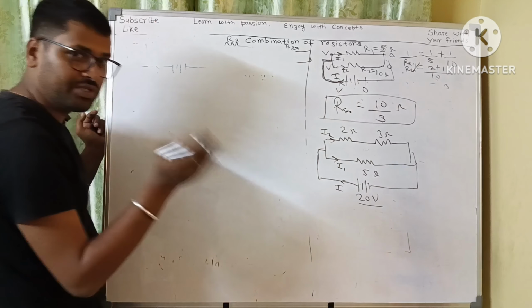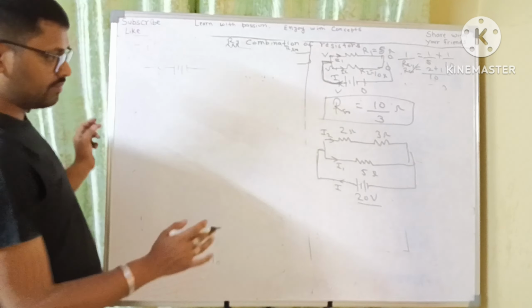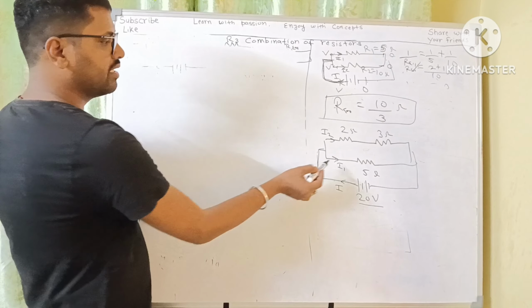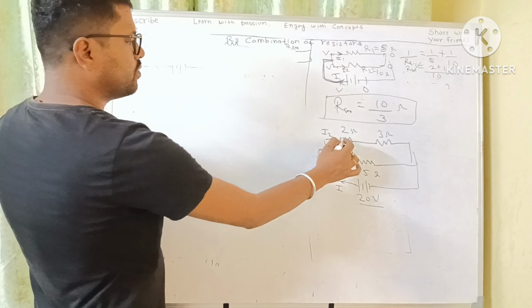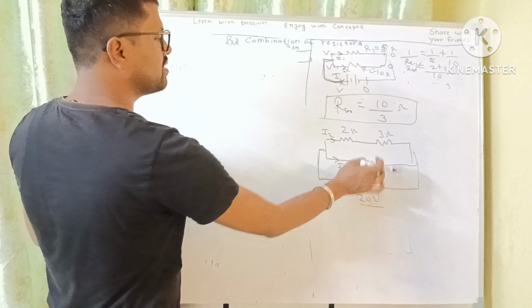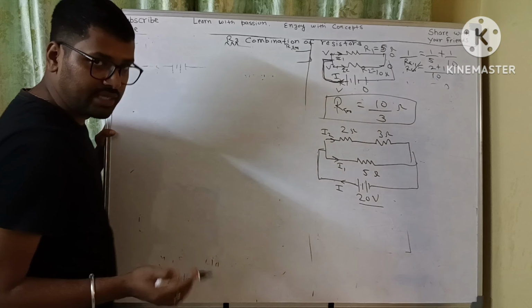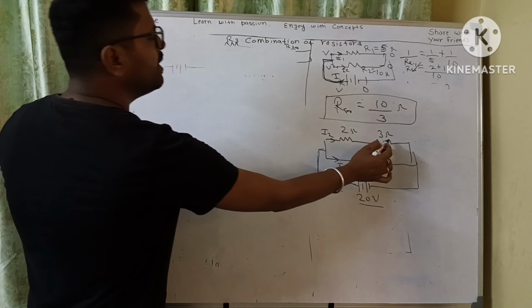Now current is distributing, and whenever current is distributing, we cannot say that all three are in series. No, never. Because here current is something, here current is something. But one thing we can say: this 2 ohm resistor and 3 ohm resistor, in both of these resistors current is the same. That is I2. So we can say that these two are in series.